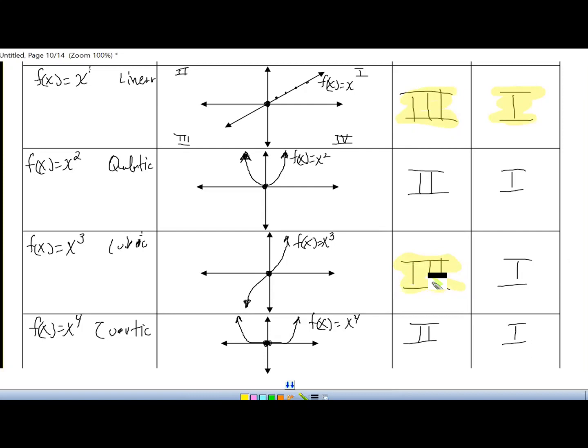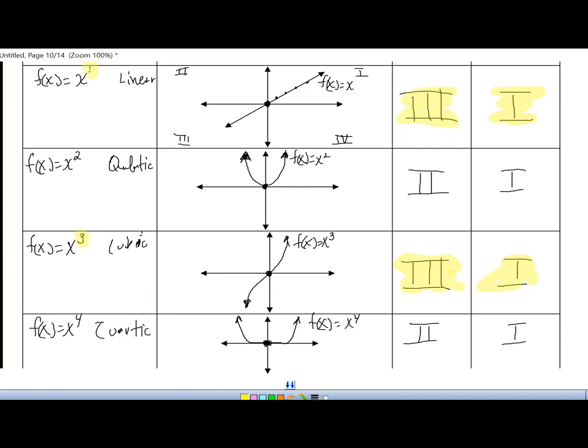Quadrant 3 and ends in 1. Okay, now check this out. Look up, guys. This one that starts in quadrant 3 and ends in 1 has an exponent of 1. This one that starts in quadrant 3 and ends in 1 has an exponent of 3. Kind of see what you're talking about.